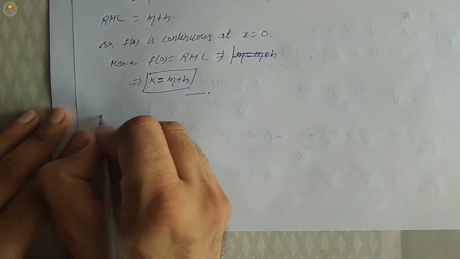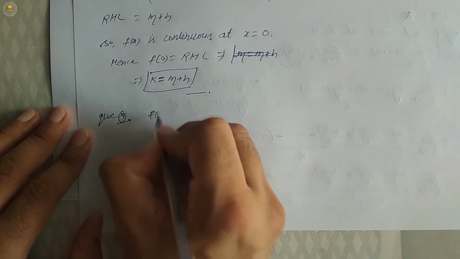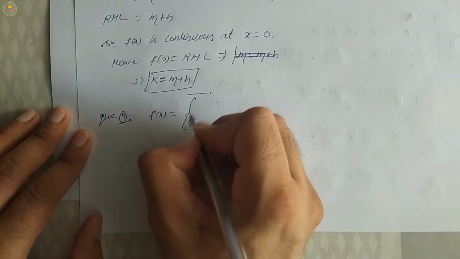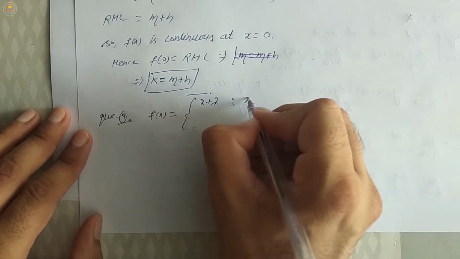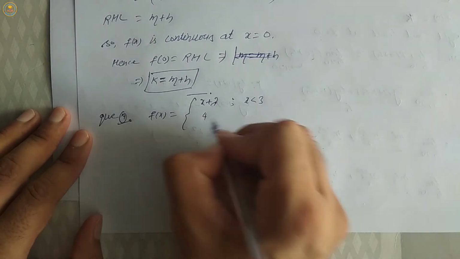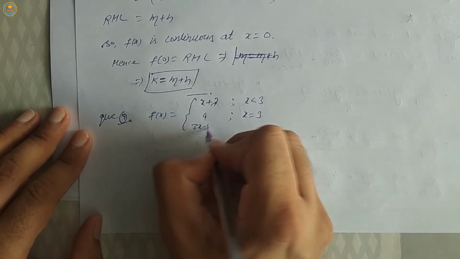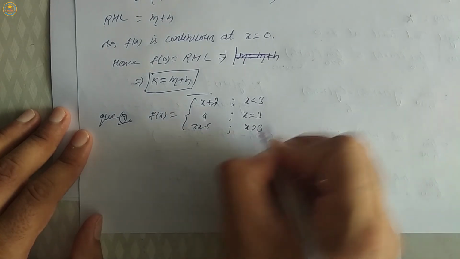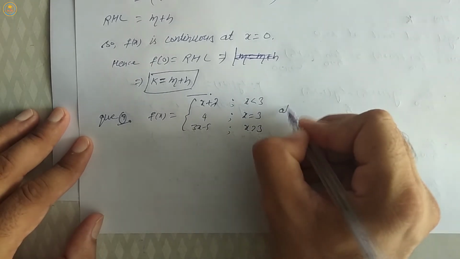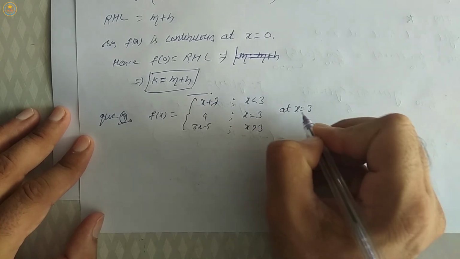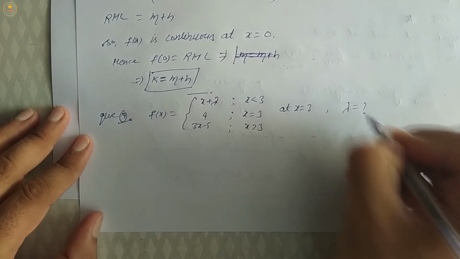Next, question number 4. If f(x) is equal to x plus lambda for x less than 3, and 3x minus 5 for x greater than 3, is continuous at x is equal to 3, then the value of lambda will be, okay.